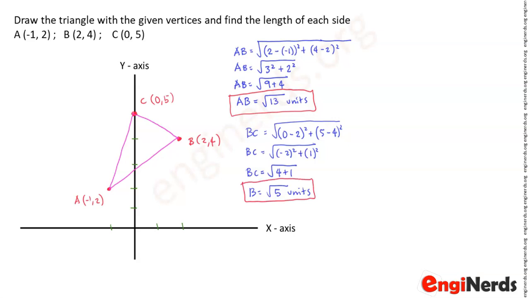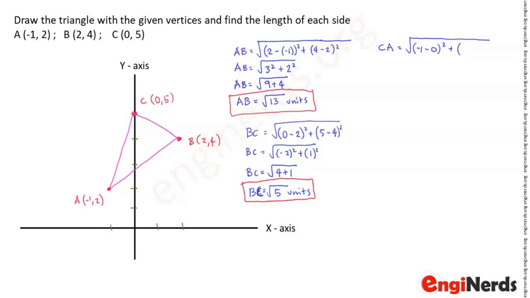Okay, so sorry, this is BC, okay? So now, kunin naman natin yung length from C to A. So that means, ang point 1 natin is C at ang point 2 natin is A. Okay, so let's get the distance between the points. So, ang x2 natin is negative 1. And then, minus, ang x1 natin is 0. Squared plus.